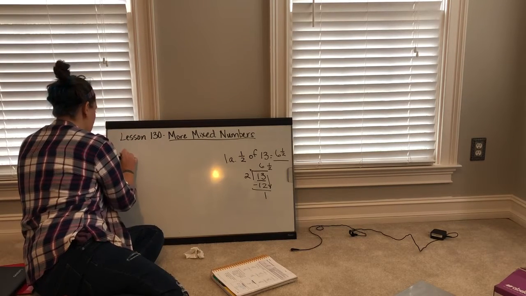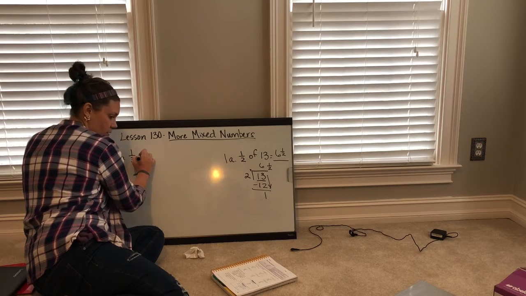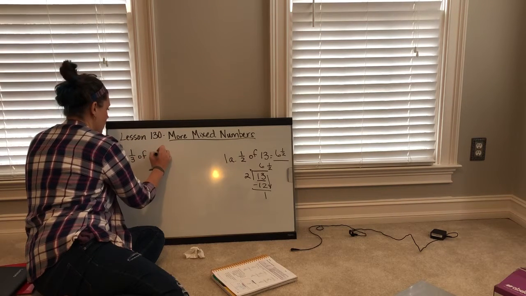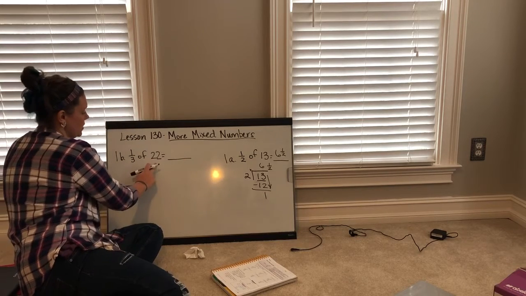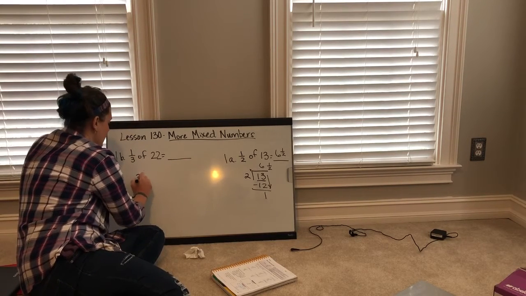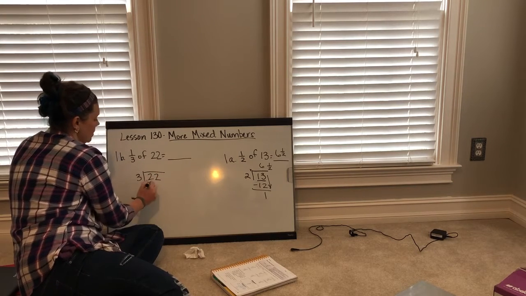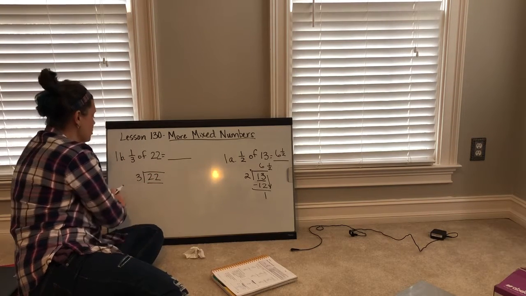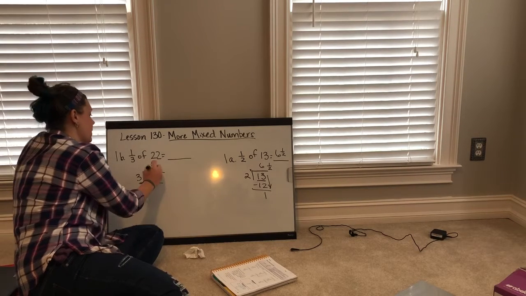This is 1B. 1/3 of 22. Again, 22 divided by 3 is how we figure this problem out. 3 can't go into 2, so I look at the whole number. Short division again. 3 times what is close to 22 without going over?